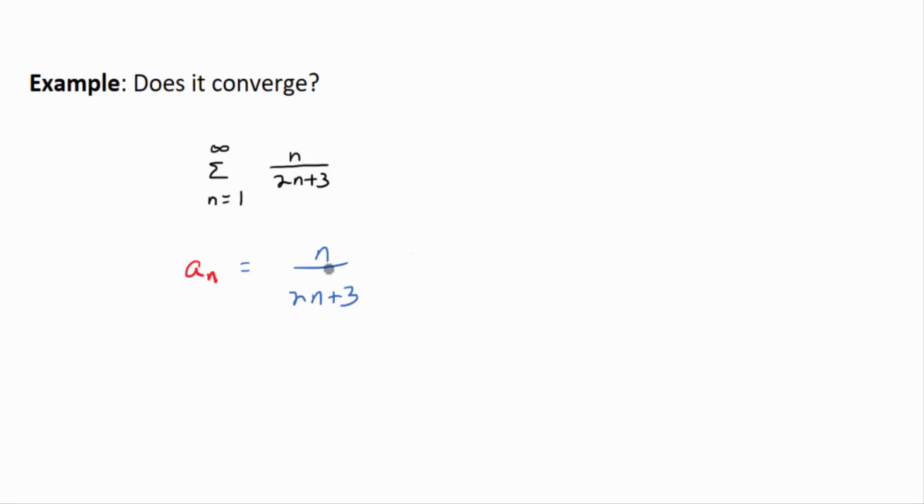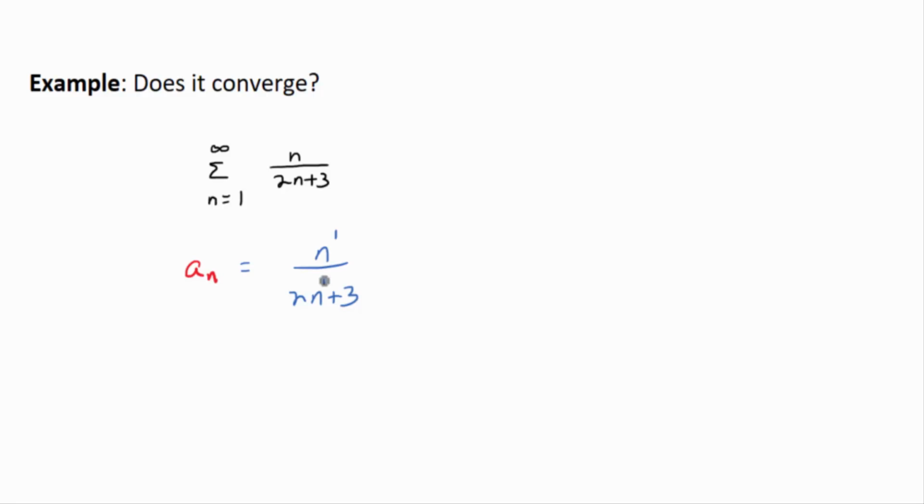You could use some of the machinery we developed, but if it's a rational function, polynomial on top, polynomial on the bottom, I'll let you use the degree test. If the degrees are the same, numerator and denominator, take the ratio of the coefficients to get the limit. What's the degree of the numerator? Let me erase that. What's the degree of the numerator? 1. Degree of the denominator?